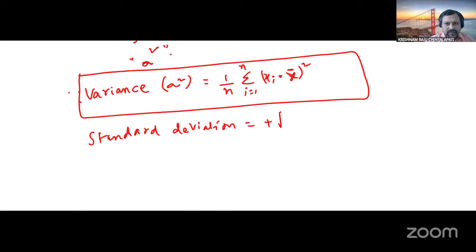So this is called standard deviation, the positive square root of sigma square. That gives positive sigma, so that's why the standard deviation denotation is sigma. Clear?